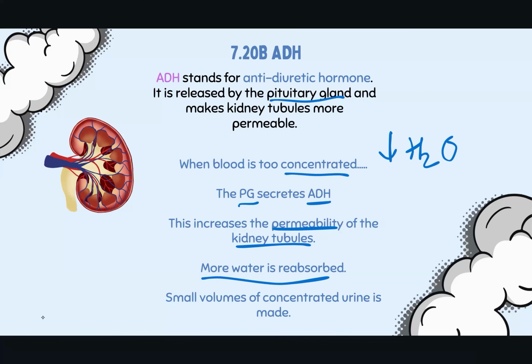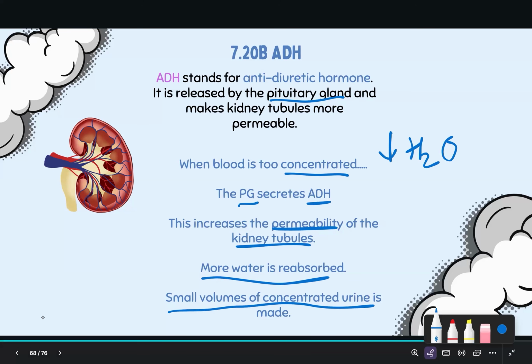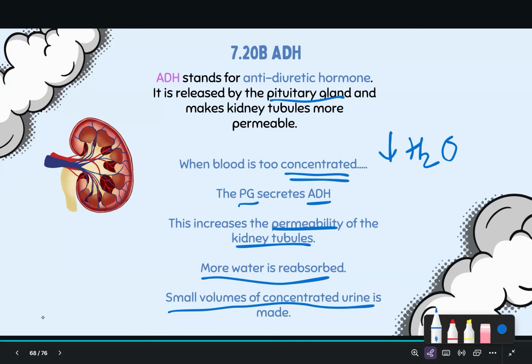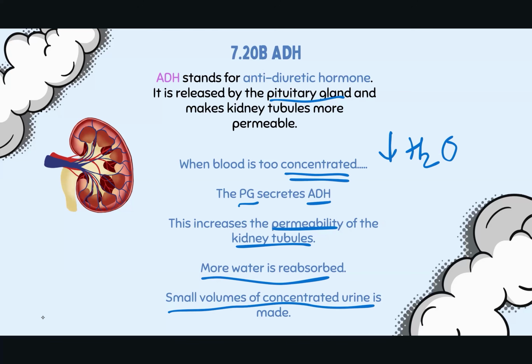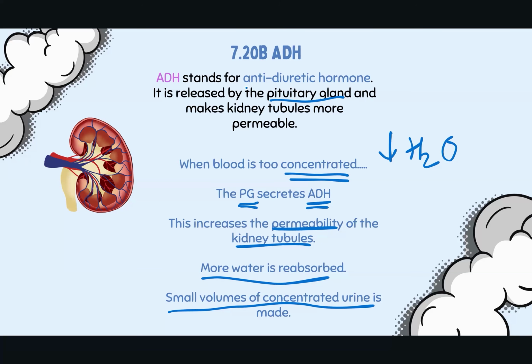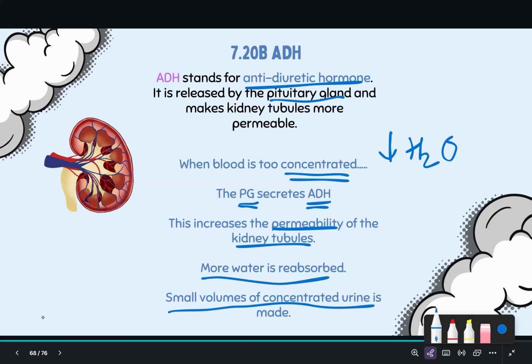That means because more water comes out of the kidneys and re-enters the blood, the urine that is made will be a smaller volume. Because what we've just done is taken a lot of the water back so that the blood is not too concentrated. So on a hot day, when the person's sweated a lot, a person doesn't have as much water in the blood, so the pituitary gland makes and releases ADH, antidiuretic hormone.